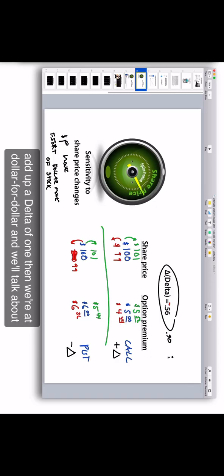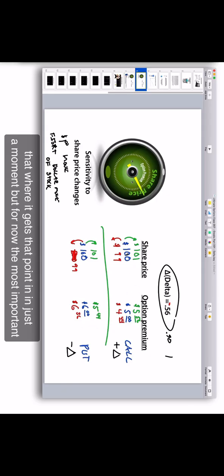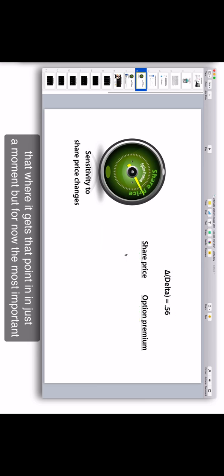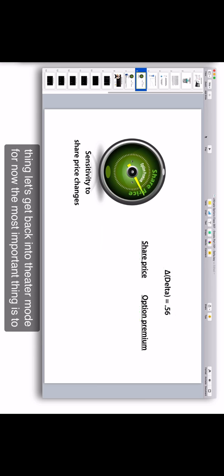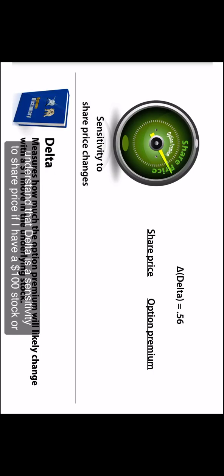Okay, if we have a delta of 1, then we're at dollar for dollar. And we'll talk about where it gets to that point in just a moment. But for now, let's get back into theater mode here. For now, the most important thing is to understand that delta is a sensitivity to share price.